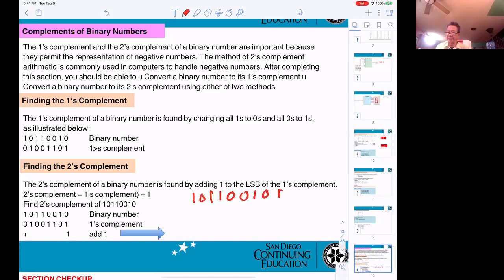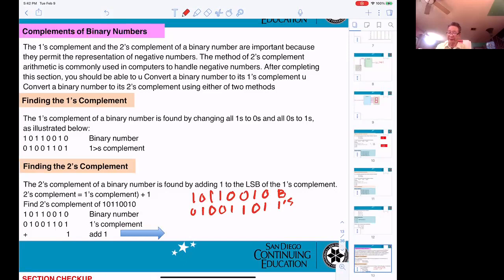That's the binary. And now the first complement: change 1 to 0, 0 to 1. That's the first complement. If you want the second complement, add 1.